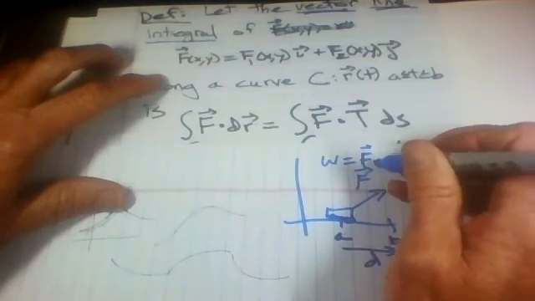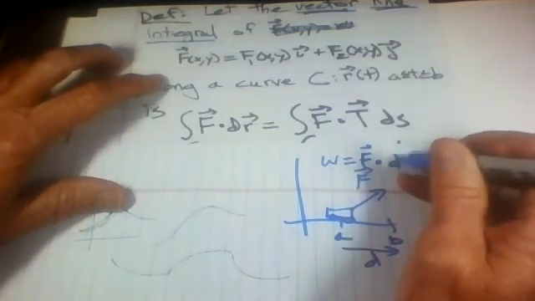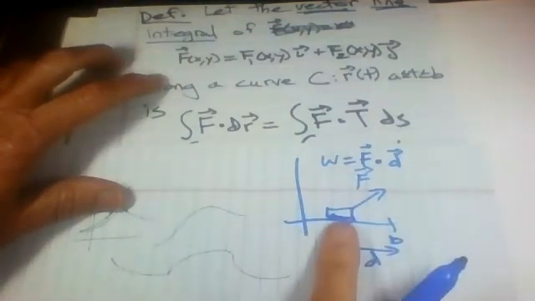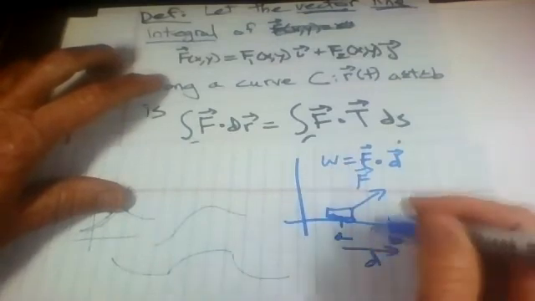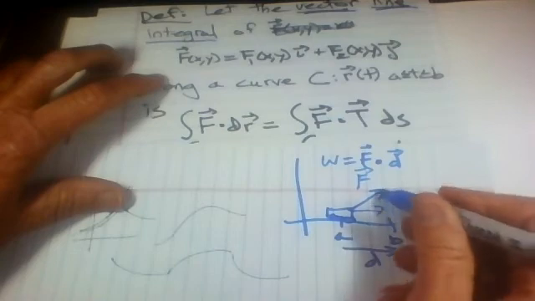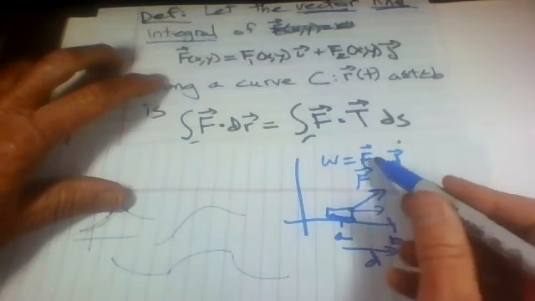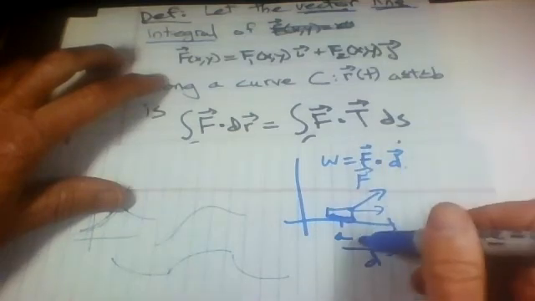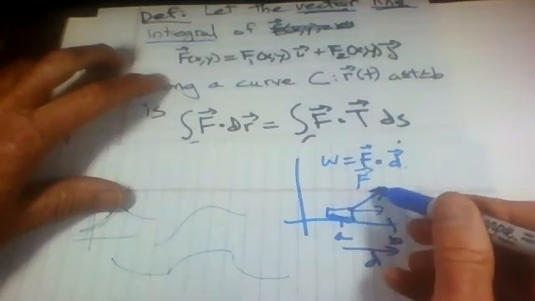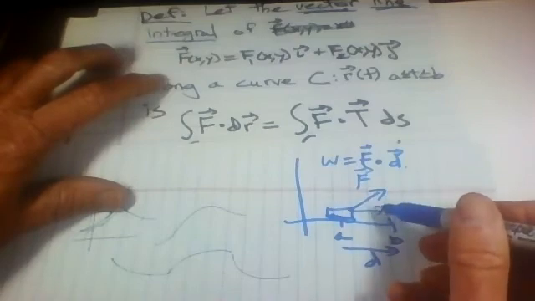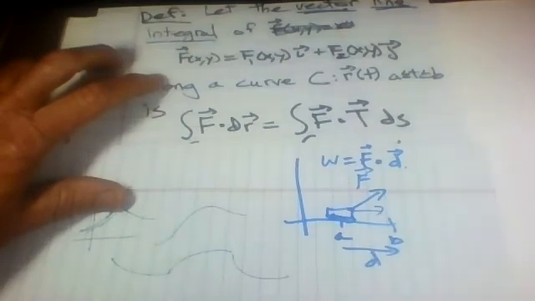But you don't take the whole force, you only take the component of force in the direction you're moving. The vertical force here on the wagon doesn't do any work, it's pushing up and down. The work done is the component of force in the direction you're moving times the displacement that you move it. So it's actually f dot d, where d is the displacement and f is the force vector. So that's the work you do moving, force dot displacement, for a constant force.